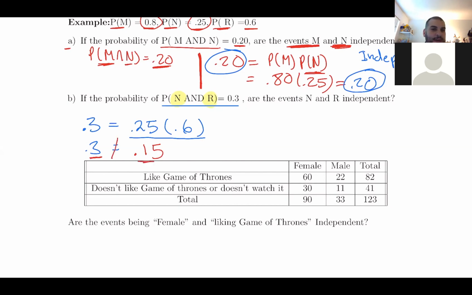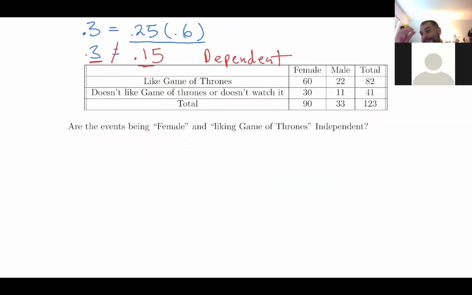Since they're not equal to each other, for this one we'll say they're dependent. And that's it. Any question in regard to the second problem? All right, so let's do this last one, and then we'll do Bayes' theorem.